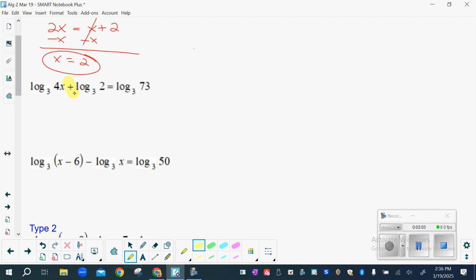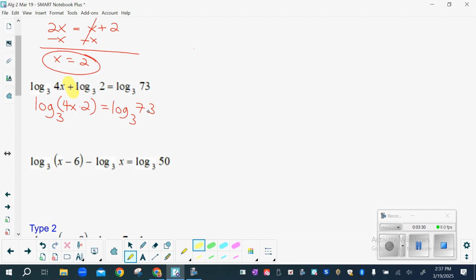So what does addition change to when we rewrite it as 1 log? Yes, log base 3 of 4x multiplied by 2. Once again, that's because in logs, when we're adding, the addition becomes a log of the two terms multiplied together. 1 log.